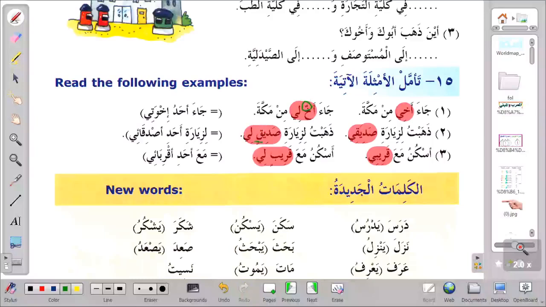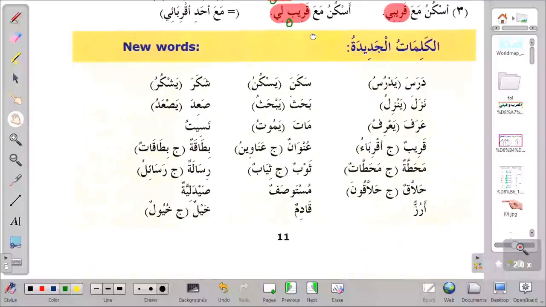Same way here, you can see tanween. So what does the tanween signify? The tanween is an indefinite article, right? So when I say a friend of mine, it is not definite. That's just the difference. Akhi means I'm specific, I'm talking about a particular friend. Akhun li is not specific. That's just it. So that's the difference.